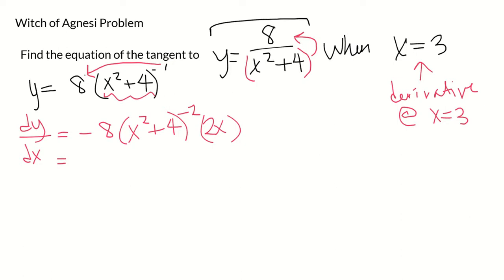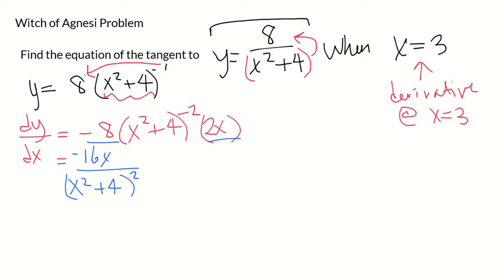Okay, so that would give us negative 8 times 2x on top, so negative 16x over x squared plus 4 squared. And you would get the same thing by doing the chain rule, or by doing the quotient rule. We just did this with the chain rule.